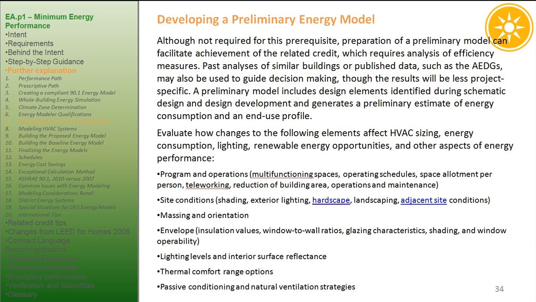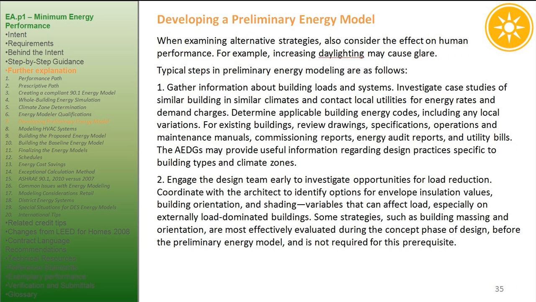Massing and orientation. Envelope: insulation values, window-to-wall ratios, glazing characteristics, shading, and window operability. Lighting levels and interior surface reflectance. Thermal comfort range options. Passive conditioning and natural ventilation strategies. When examining alternative strategies, also consider the effect on human performance. For example, increasing daylighting may cause glare.